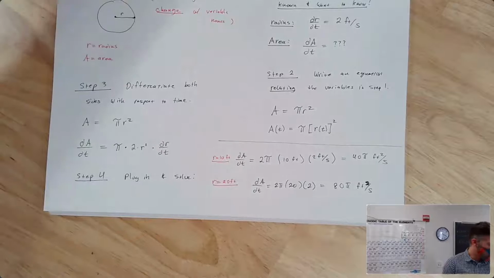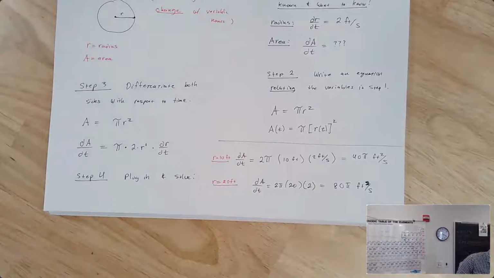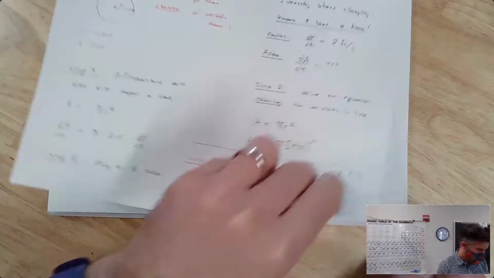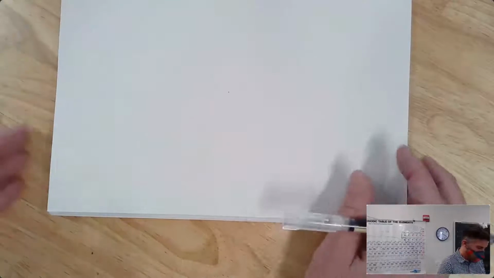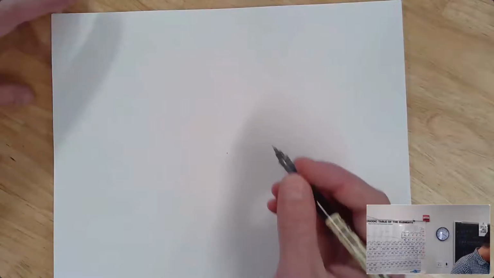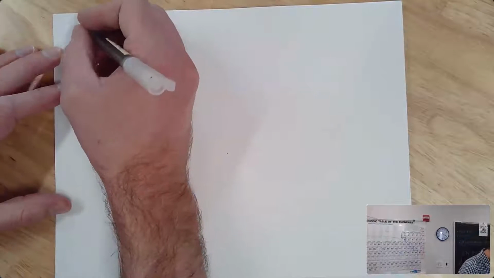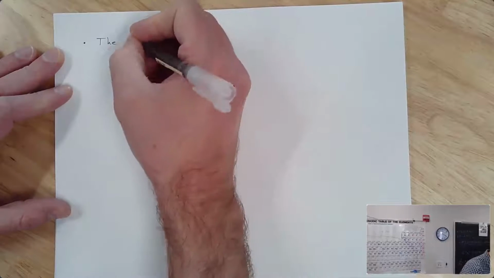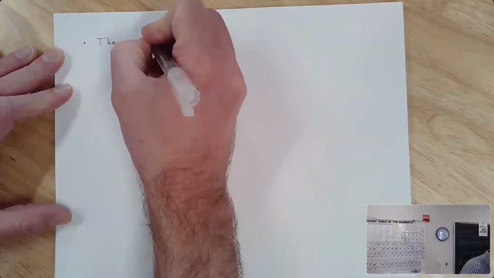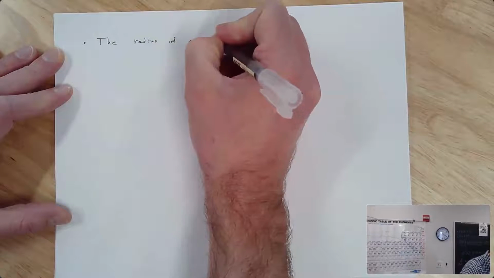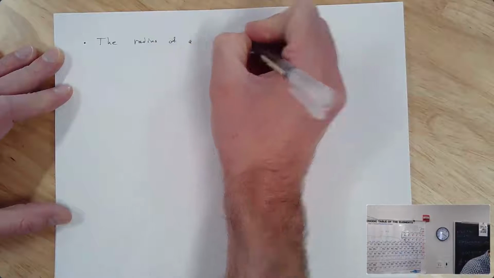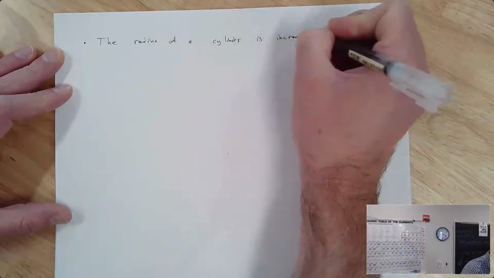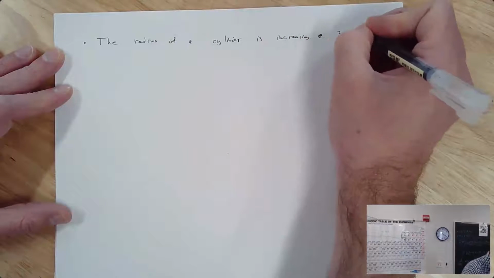Let's look at another example. Let's say we have the following. The radius of a cylinder is increasing at 3 inches per minute.